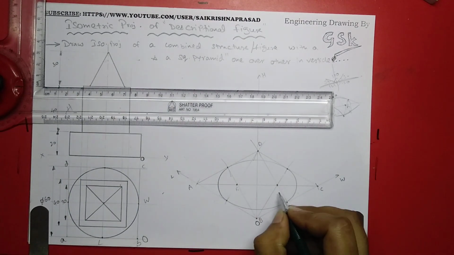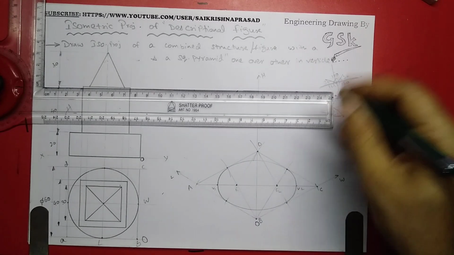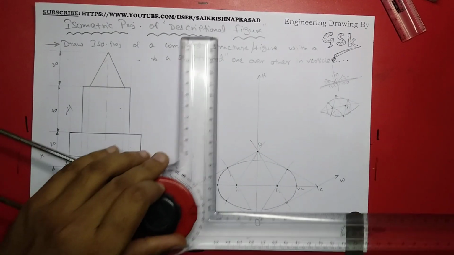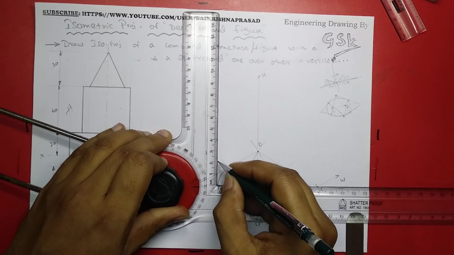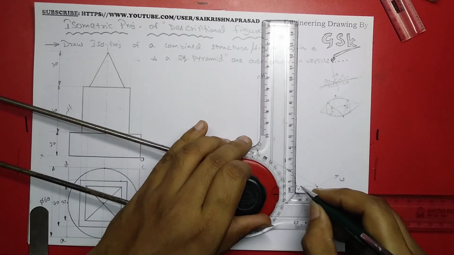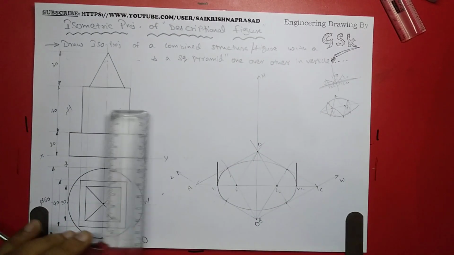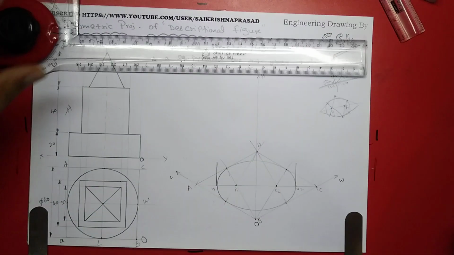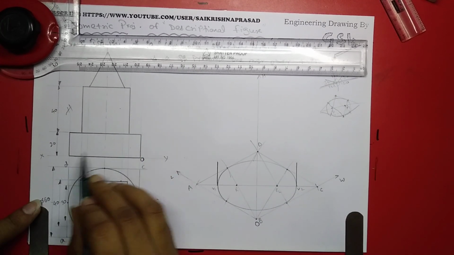This is focus 1, focus 2, and this is vertex 1, vertex 2. From this I can draw a cylinder. At what height? That I have to take 20, right? From this point I can construct, or else you can create the same box above, because this is the top view, means I can get the view over here, I can get the view over here.